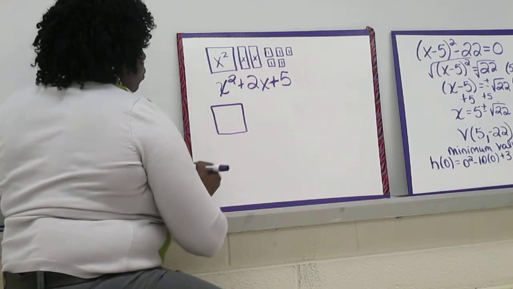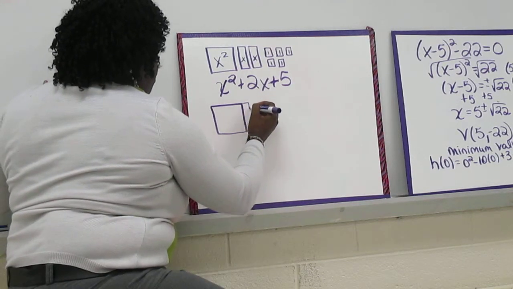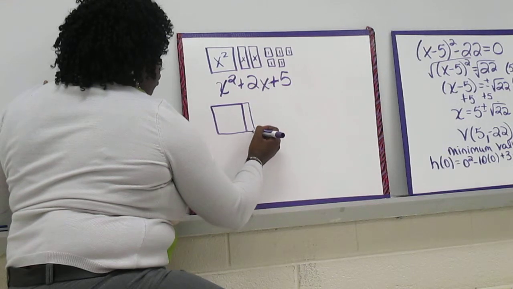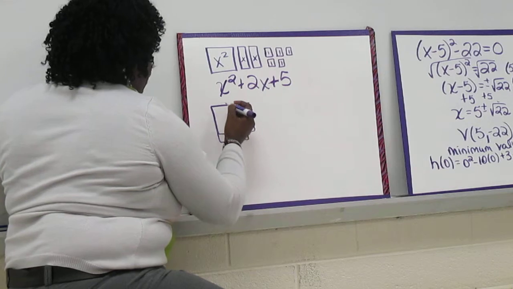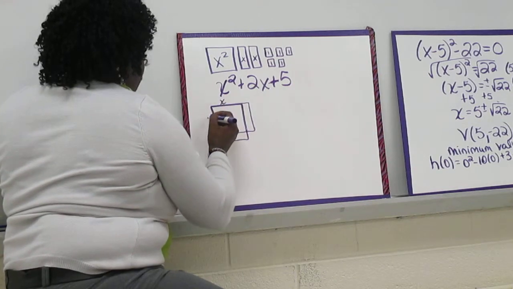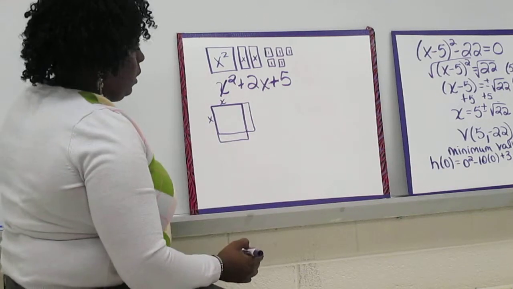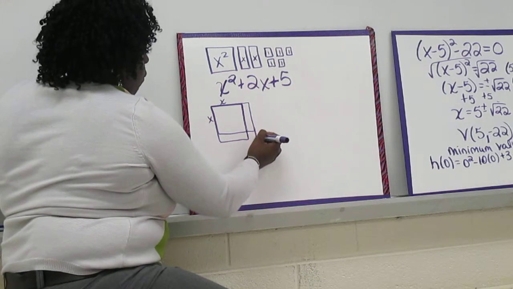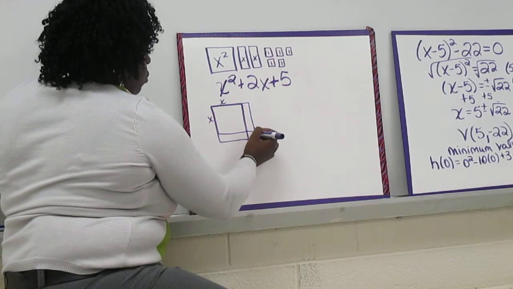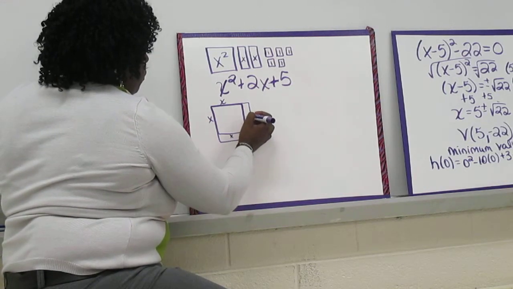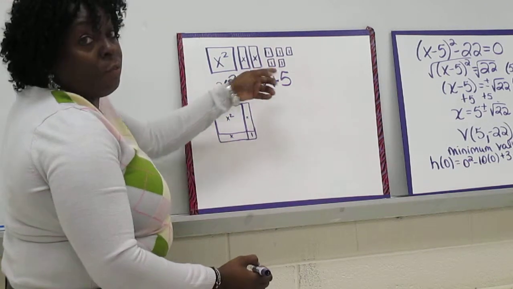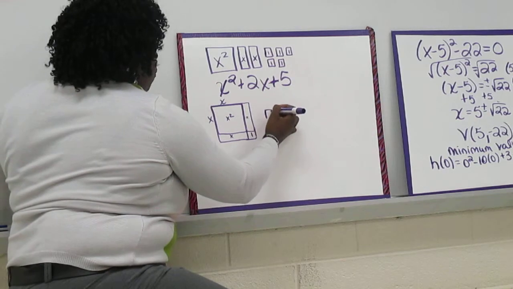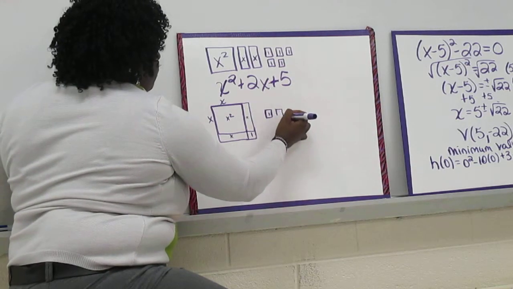So I have my x squared here, and I'm going to put my x here, and I'm going to put my other x here, because we know that x squared is x by x, right? And so then I have one space here to put a 1. Well, I have 5 ones, so that means that I have 4 ones left.